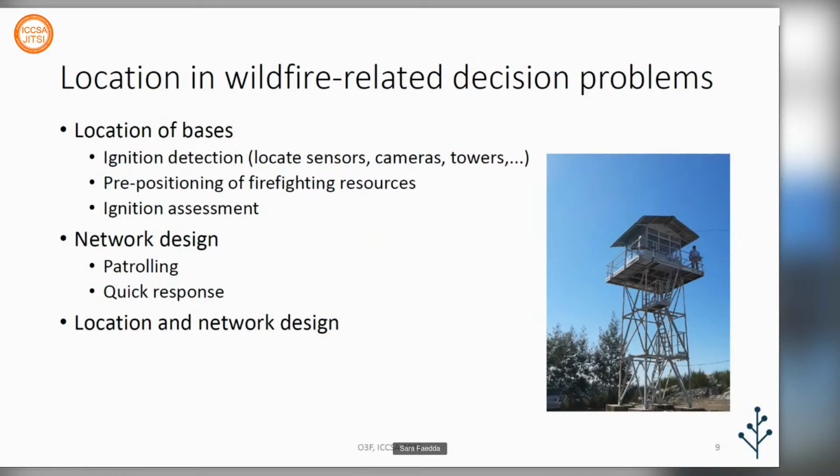For instance, a typical way of finding emissions early is a vigilance tower, but we also have sensors, cameras, and so on. We also may want to locate resources, for instance in the morning, to know where to locate them so that, if an emission occurs, they will arrive earlier.